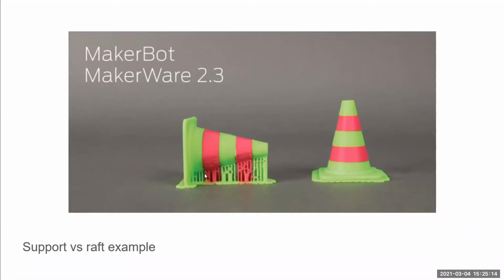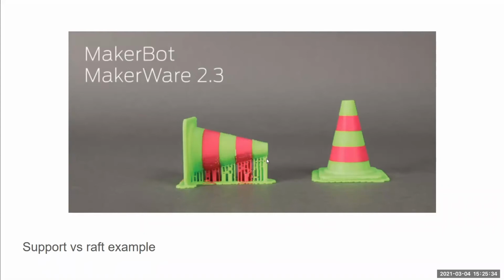So if you can see what you're seeing on the left, that little 3D printed traffic cone, the slicer knows that when it gets up to this corner of the cone, that edge right there, that first little bit of that edge is going to be floating in midair.